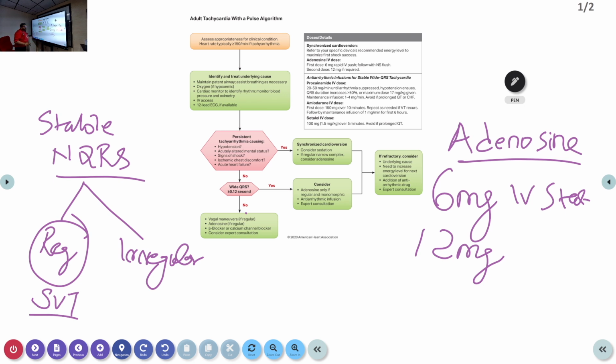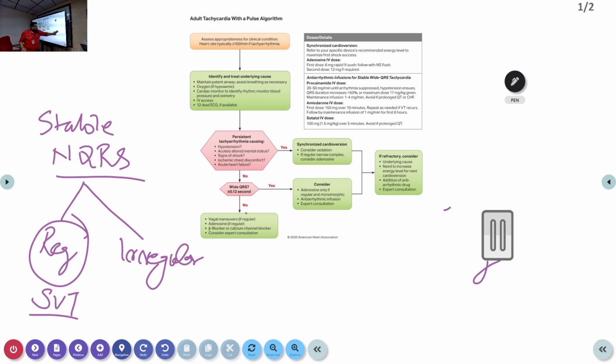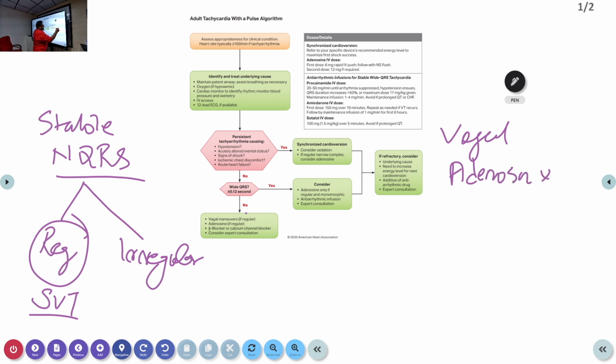The next thing that you have to do: what we have discussed, we have a narrow QRS tachycardia. We have tried first what? We have tried vagal maneuvers, then adenosine, two doses given. Still it is refractory. You can try any of the calcium channel blockers, beta blockers or even amiodarone.